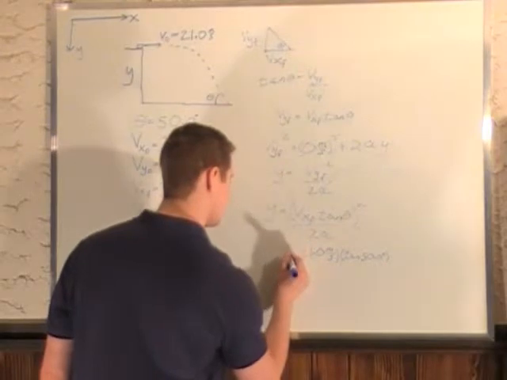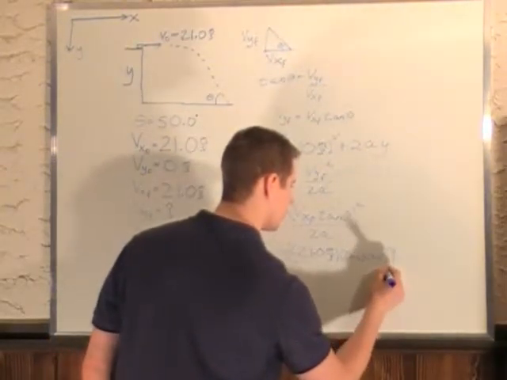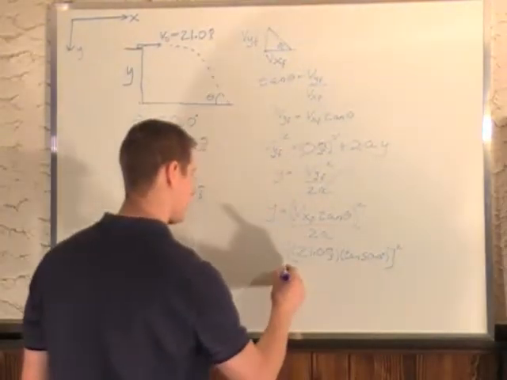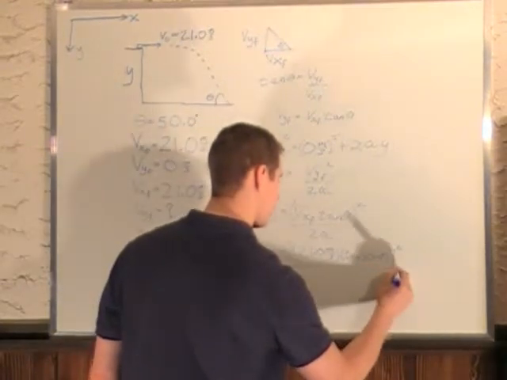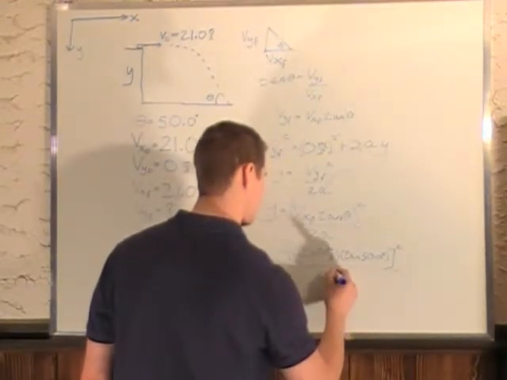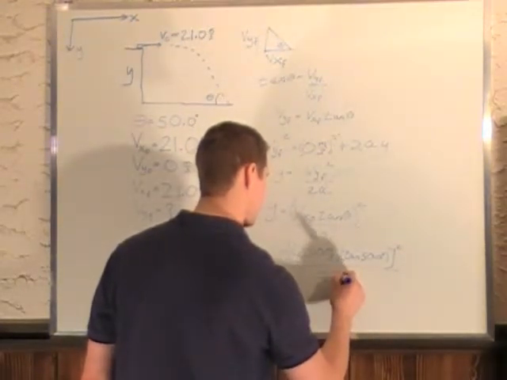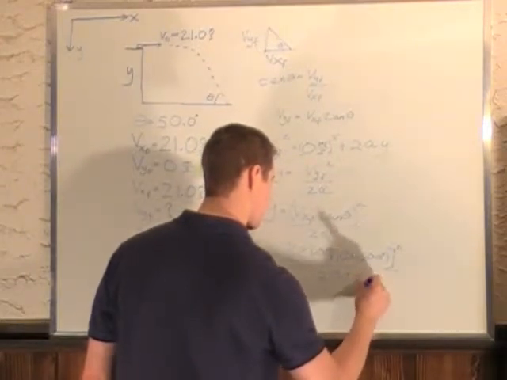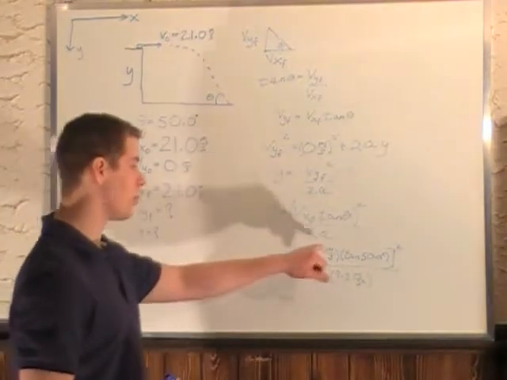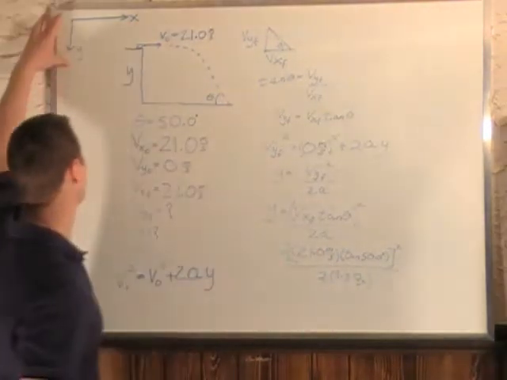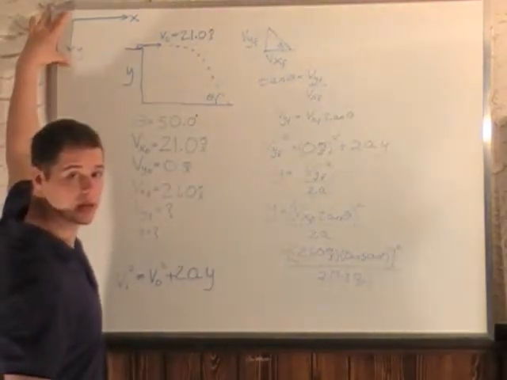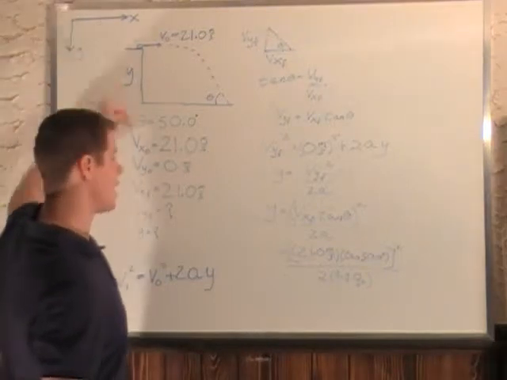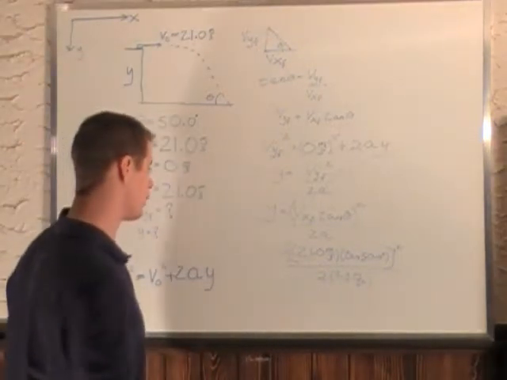This is all squared divided by 2 times 9.8 meters per second squared. Now, this acceleration is positive because I've defined my y direction downward as positive. So this acceleration downward is positive as opposed to negative.